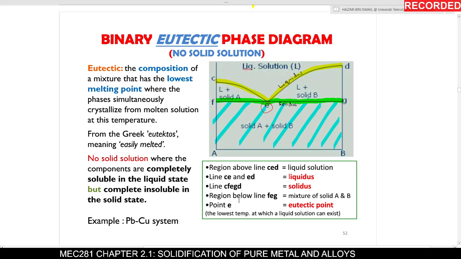So the region below line FEG is solid A and solid B, completely separated and solid. And at point E, this is the eutectic point.